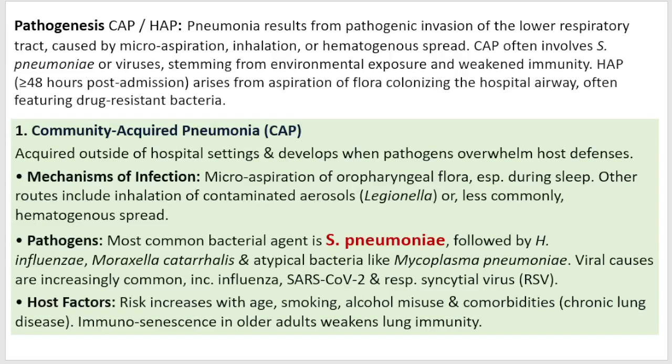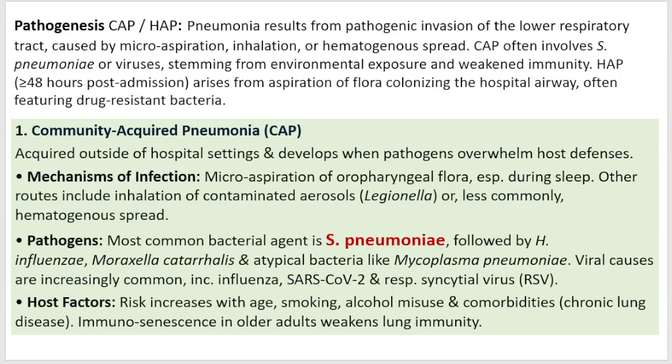In community-acquired pneumonia, the pathogenesis occurs outside the hospital when pathogens overwhelm defenses. The mechanism involves microaspiration of oropharyngeal flora, especially during sleep, inhalation of aerosols like Legionella, and rarely hematogenous spread.